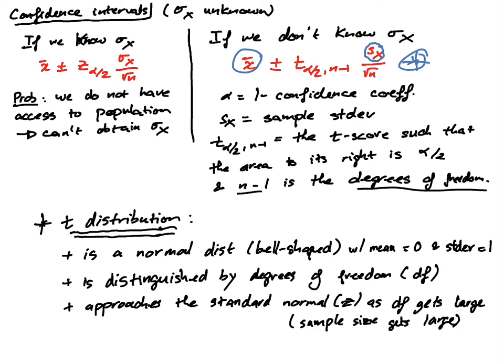And given the sample, we know what the sample size is, so we know what n is, and we know the square root of n. So in order to use this formula, the only thing that we need to find is this quantity, and we find this quantity by using the t table. So let's look at the t table.